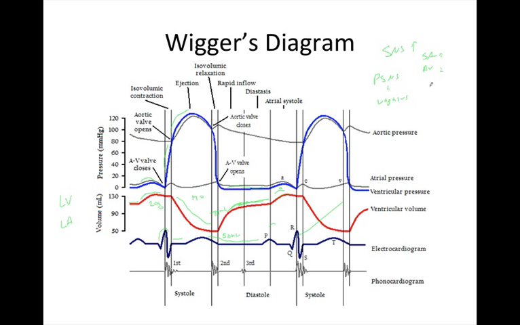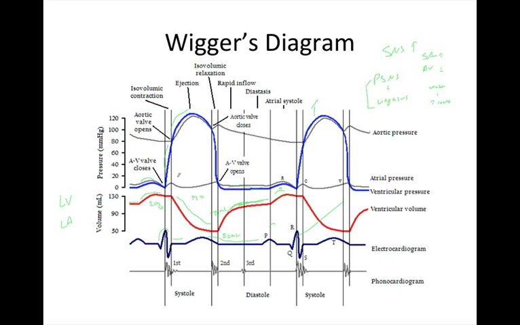Combine that with sympathetic fibers that also innervate the ventricular myocardium, which cause an increase in contractility, or force of contractions. That's going to allow for the creation of more pressure and more ejection of blood, so more pumping altogether. Vice versa, if the vagus nerve, which under normal resting conditions is in control of the heart, is active, that's going to slow all this down and lessen the volumes and pressures of the cardiac cycle.